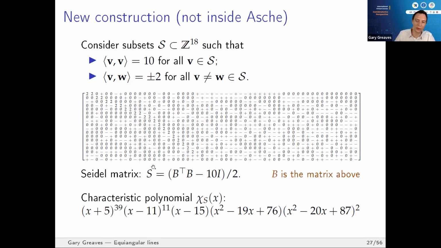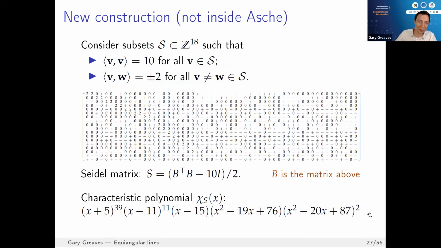You can compute the Seidel matrix using this transformation here. This matrix is B. You take B transpose B, the diagonal is going to be 10 because they have squared length 10, minus 10 times the identity. And instead of plus or minus 1s on the diagonal, we have plus or minus 2, so we divide by 2, and we end up with a Seidel matrix.